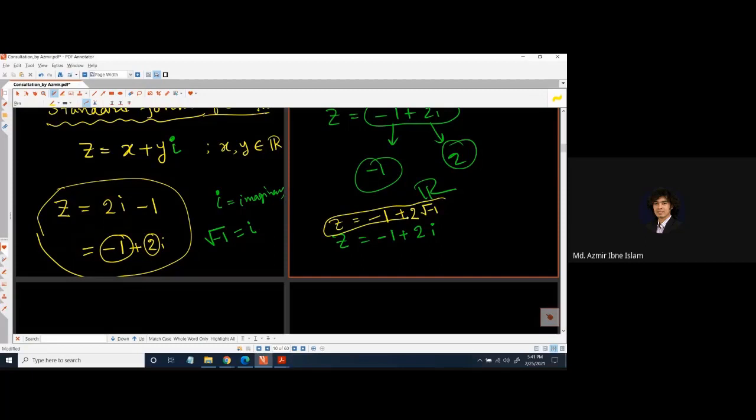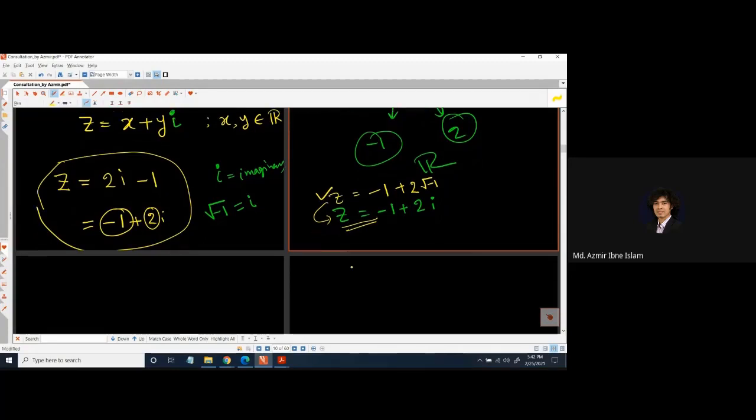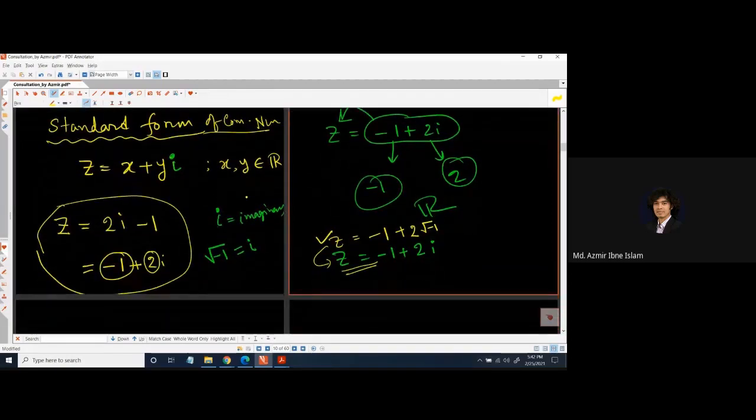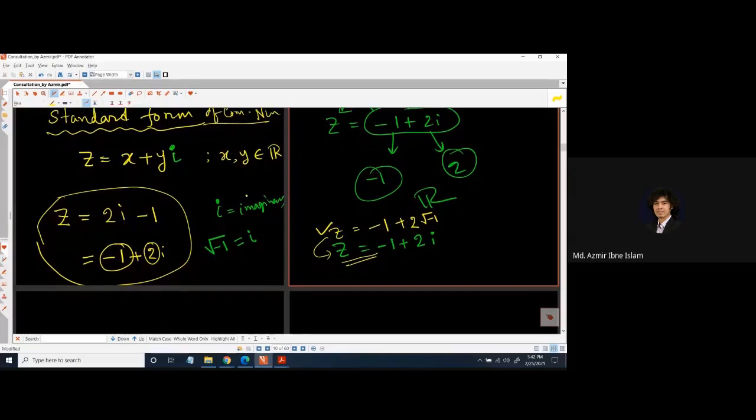So whatever notation we have here, it is the same as the second one. So the square root of -1 is now known as i. There is a long history behind the complex number system, but we are not going through that because we'll try to focus on the problem solving parts here.